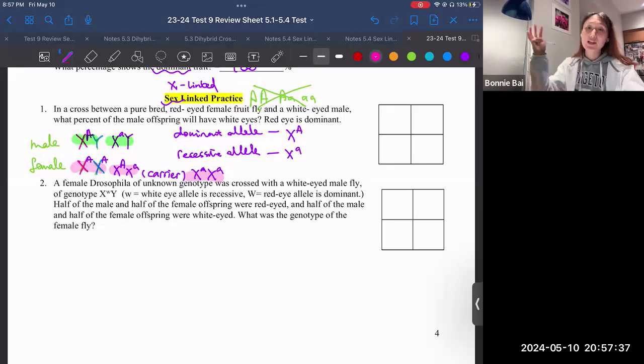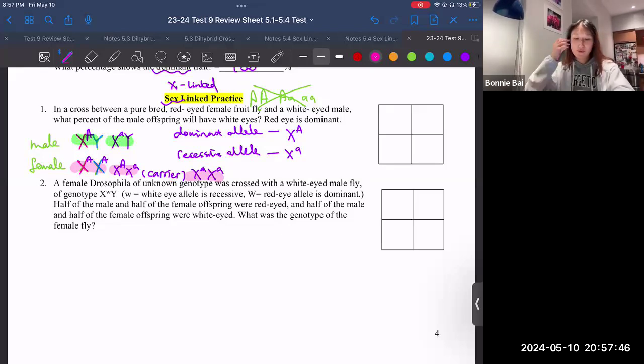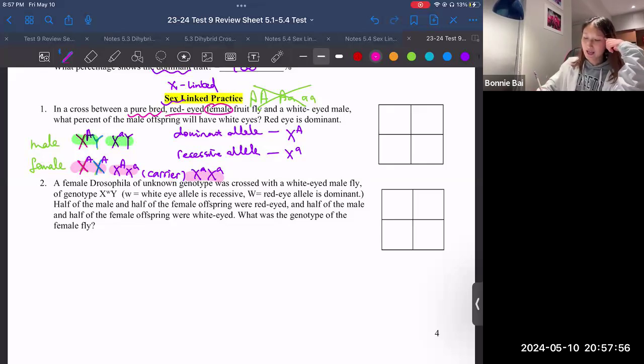In a cross between, like earlier I said, in the other crosses, it doesn't matter whether it's a male or a female, but in X-linked or sex-linked, it matters. Okay, in a cross between a purebred, purebred means homozygous, red eye female, there's so much information here. First off, it's a female. Female, I'm thinking XX. We're gonna put XX right here. Red eye is dominant, right?